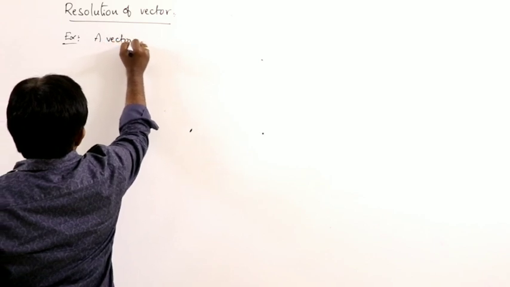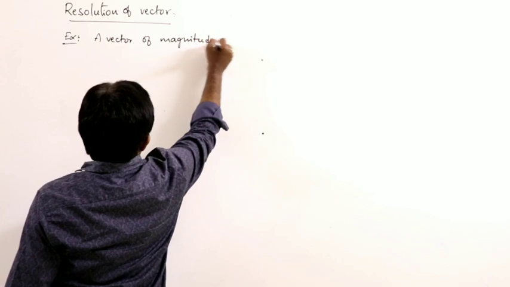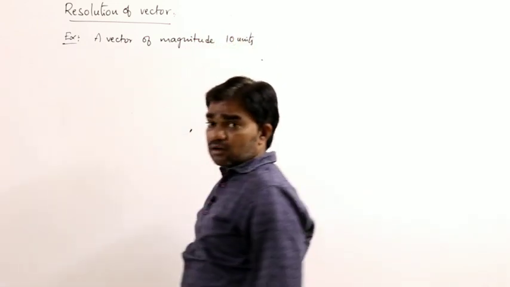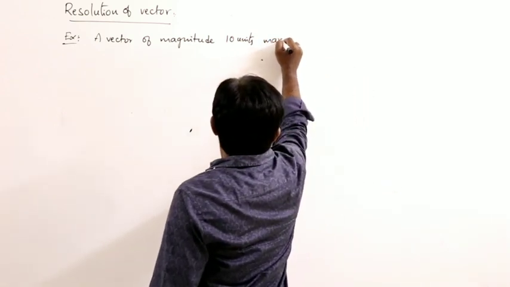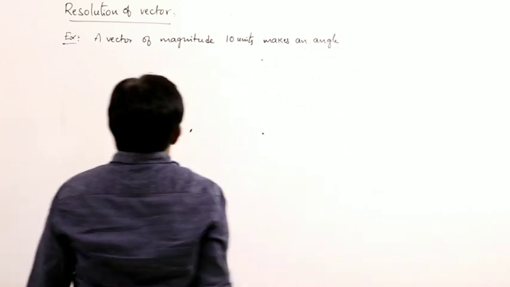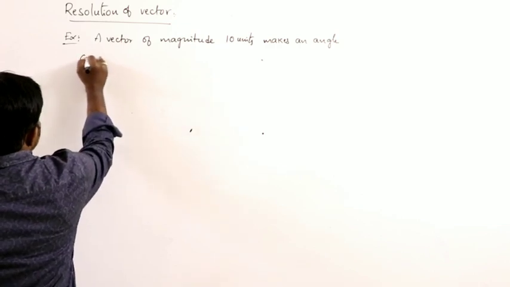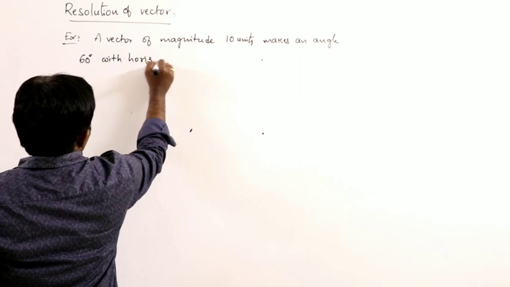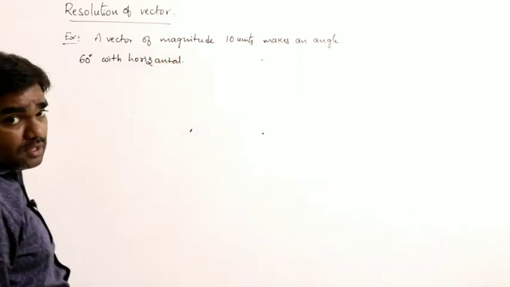Let us say a vector of magnitude 10 units makes an angle 60 degrees with horizontal.